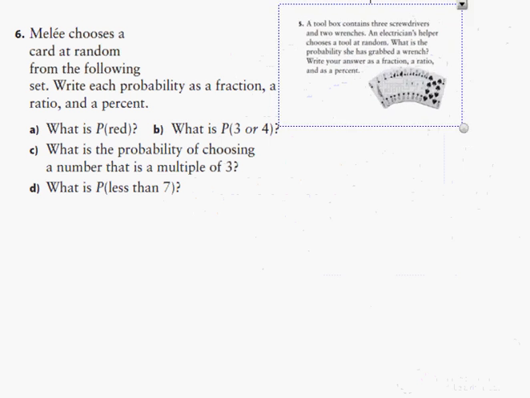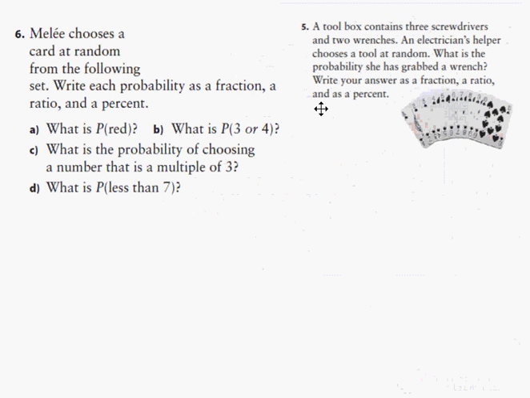Okay. There we go. So question 6 is Millet, I think that's how you pronounce her name, chooses a card at random from the following set right here. Give each probability as a fraction, a ratio, and a percent. The first one says, what is the probability of red? Well, we have 1, 2, 3, 4, 5, 6, 7, 8, 9, 10 total cards. And of those 10 cards, how many of them are red? 0.